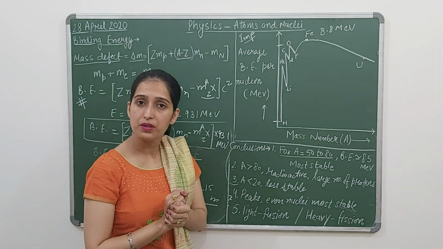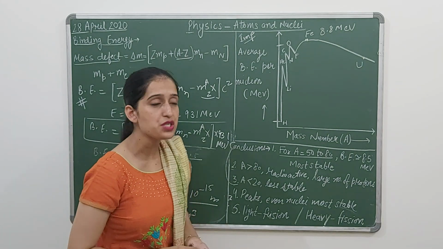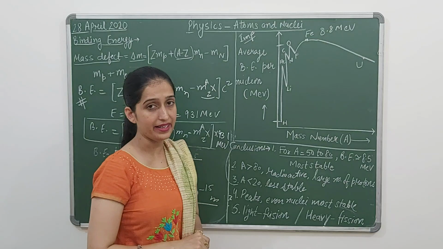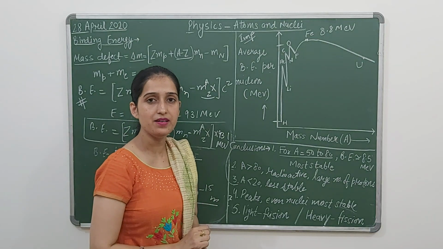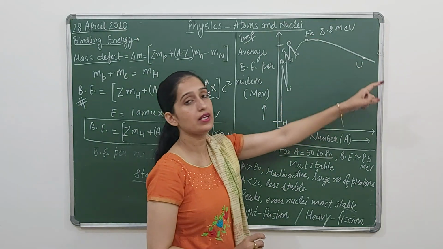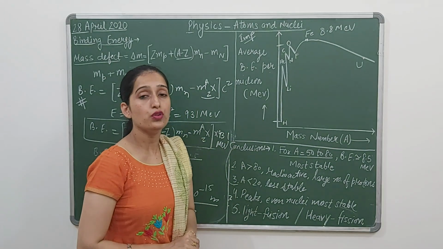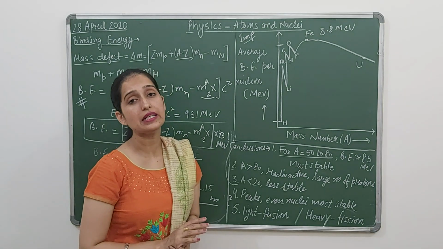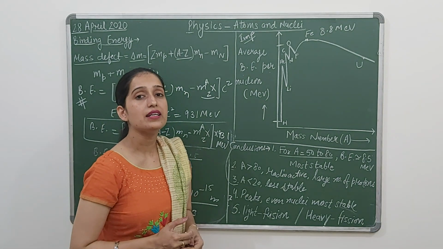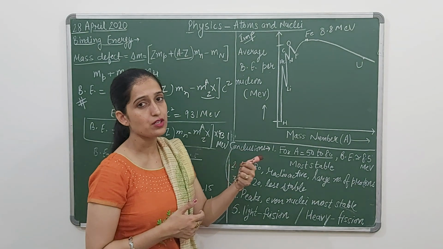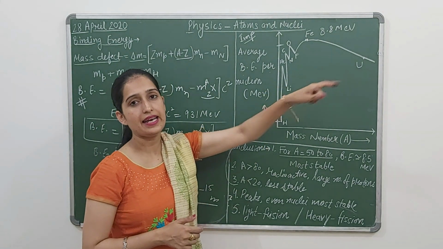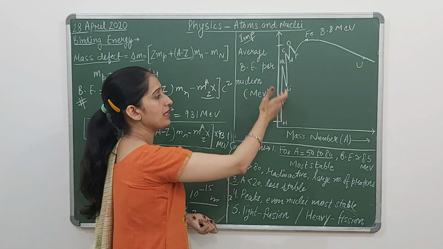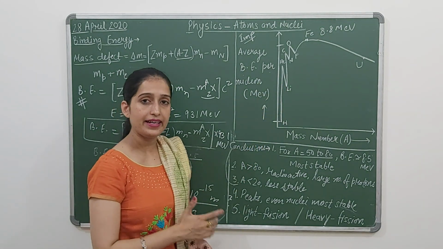That's why these lighter elements participate in nuclear fusion reactions, and these heavier nuclei participate in nuclear fission reactions. You have done so many nuclear reactions. In nuclear fission, you use heavier nuclei as the reactants, and in nuclear fusion, you use lighter elements as reactants.